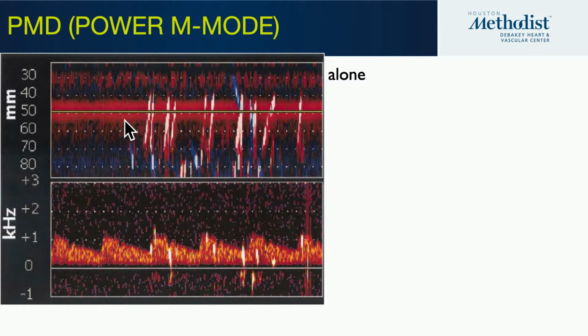Because I'm monitoring a depth of 50, this is why the ACAs, the blue signals, are not displayed in my spectrum. The spectrum only displays those signals which are at the depth of 50. And again, in this signal, I'm recording only 1, 2, 3, 4, 5, 6, 7, 8, 9, 10, 11. But when you look at all that other signature, maybe I have another 10 going into the ACA.